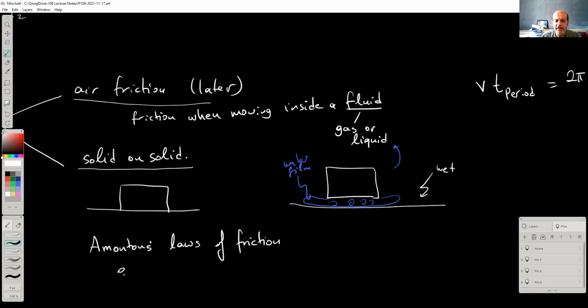They are empirical, meaning that he just observed the behavior of the objects, and based on that behavior, he deduced these laws. Some of them are kind of against common sense. It basically tells us that the frictional force does not depend on the area here, the contact area.